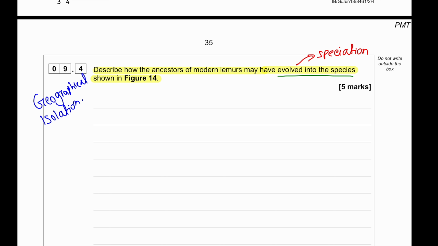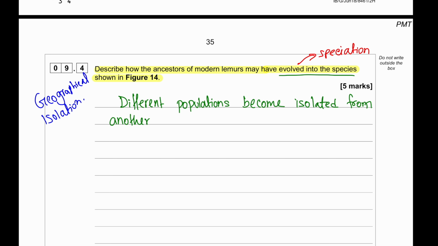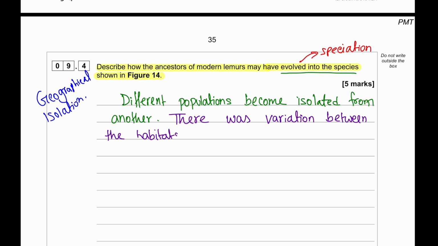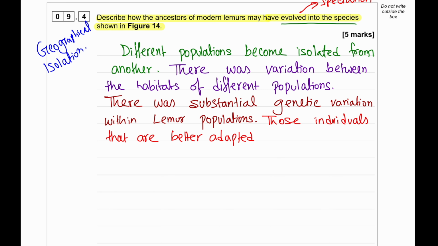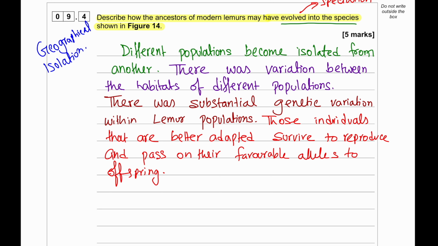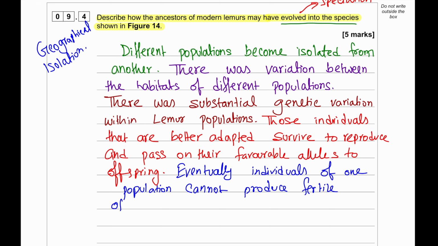There was variation between the habitats of the different populations of lemurs, and there was substantial genetic variation within the lemur populations. Individuals that are better adapted survive and reproduce in their new environment, and they pass on their favorable alleles to the offspring. Eventually individuals of one population cannot produce fertile offspring with another anymore. They are now separate species.